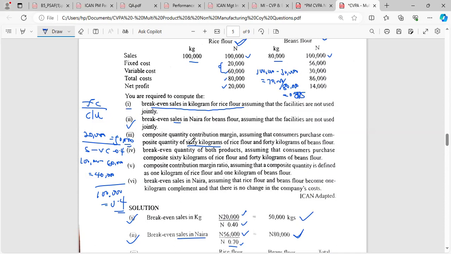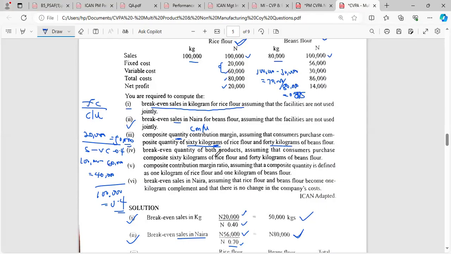They told us to calculate the composite quantity contribution margin per unit, assuming that consumers purchase 60 kilograms, this is units, and 40 kilograms of bean, this is units. So this unit has made me understand that what they want me to calculate here is more or less like break-even point in units. What we are calculating here is contribution margin in units, not contribution margin ratio.